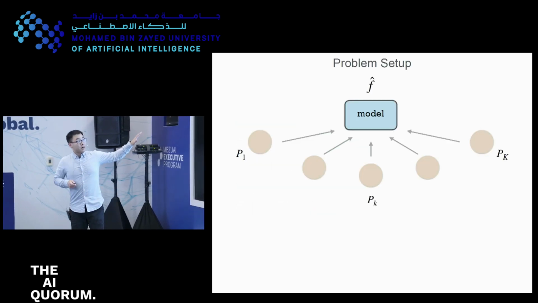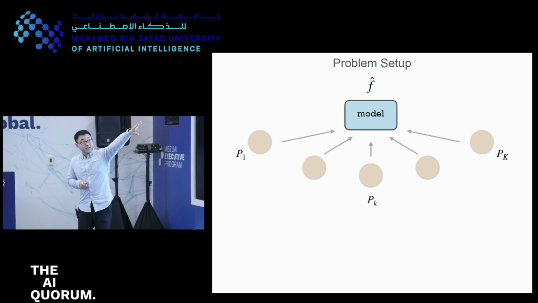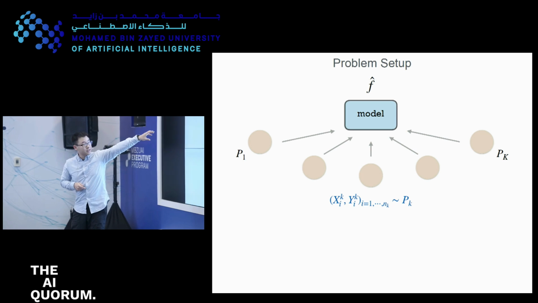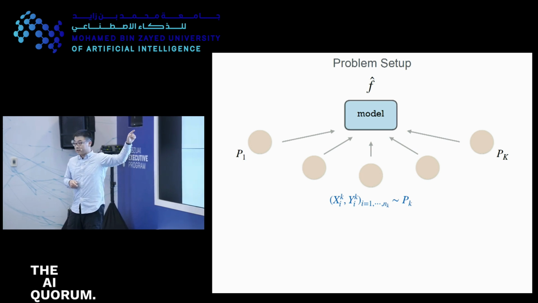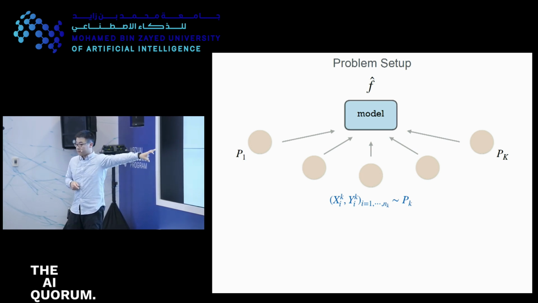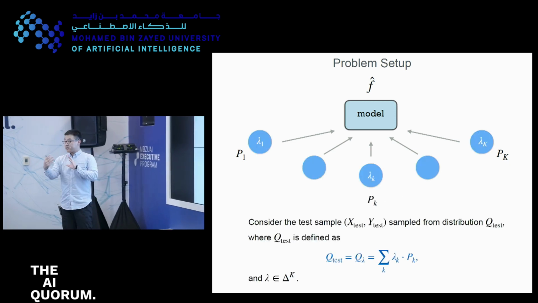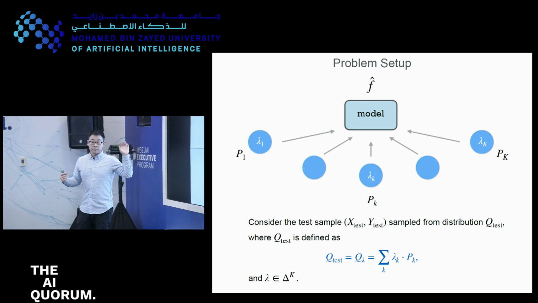So first of all, suppose we still have capital K clients, and we use these to train a model F hat. We consider that for each client, we have small nk data points from this particular client. And then the test distribution we are considering is a mixture of P1 to PK.